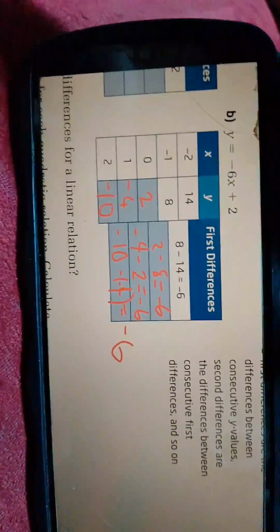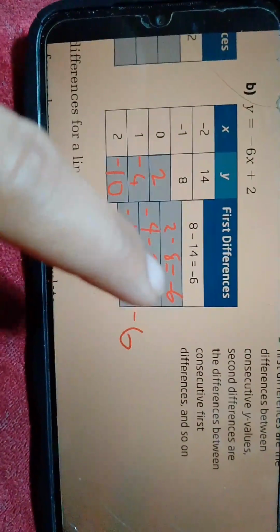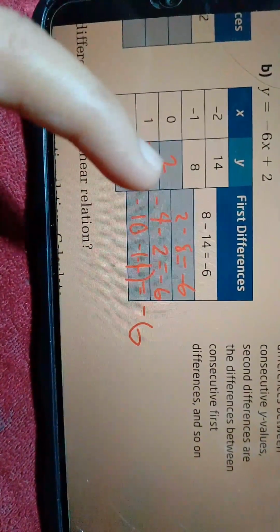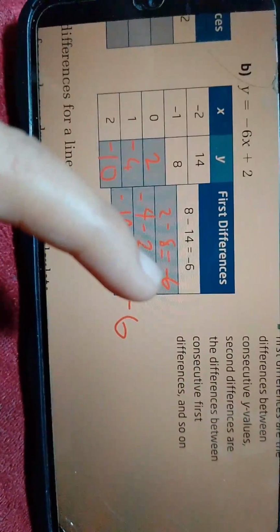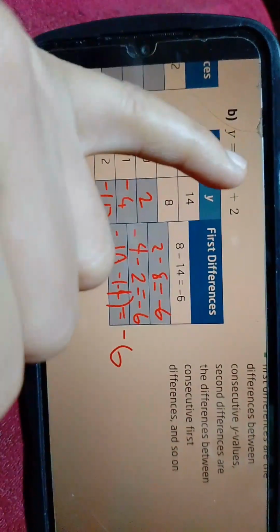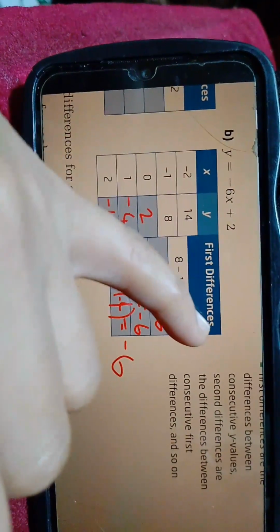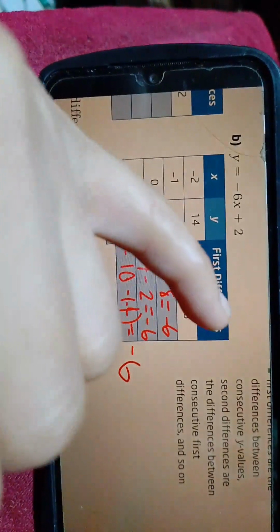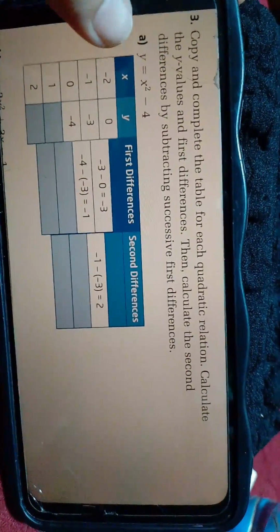The first differences are all equal. When you subtract the current y value from the previous one, the result is negative 6 and so on. So when you have a linear relation, the first differences must be equal.